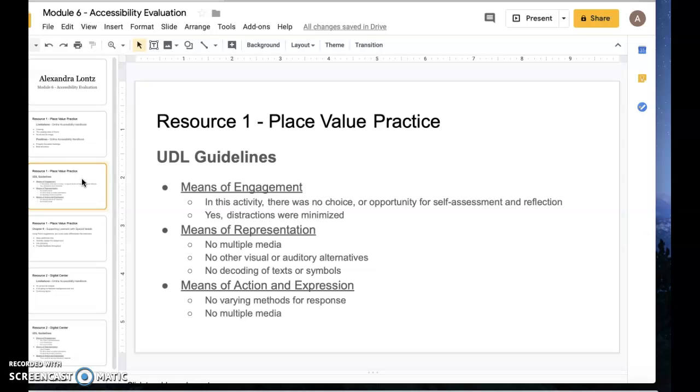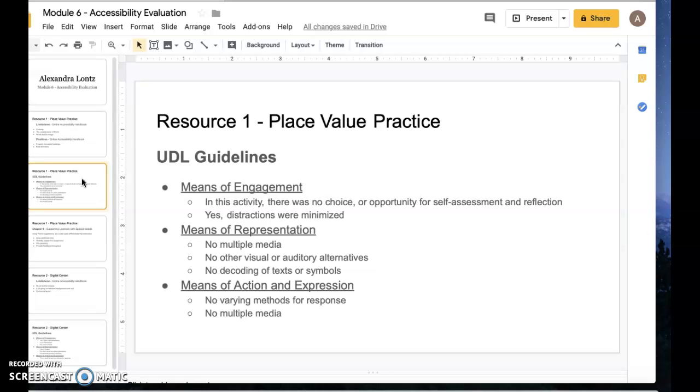And then talking about the same resource, the place value worksheet, using the UDL guidelines, I thought in means of engagement, there wasn't really any choice, no opportunity for self-assessment and reflection, but the distractions were minimized. There wasn't really a whole lot going on.